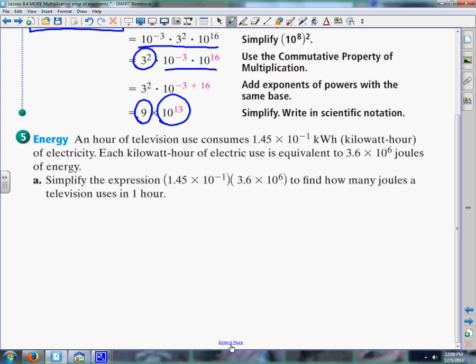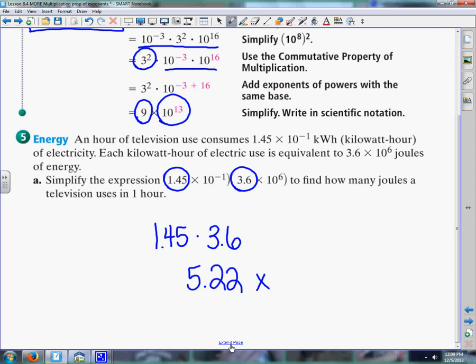So what you're going to do is you're going to multiply your base numbers, 1.45 times 3.6. So 1.45 times 3.6 is 5.22. And you're going to combine your tens. 10 to the negative 1 and 10 to the 6 is 10 to the 5th power.